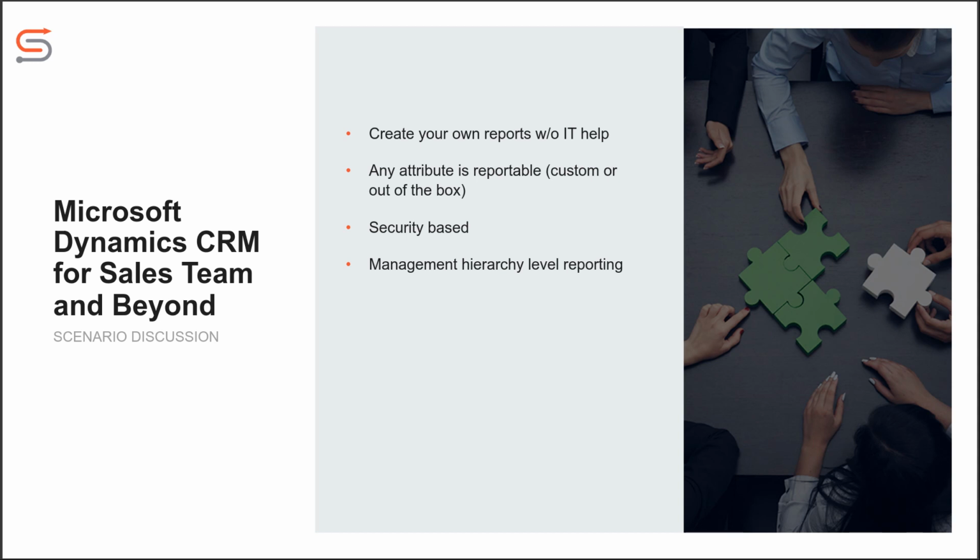And we also have management hierarchy level reporting. So if we want to do reporting based on the manager and not just on the business units themselves, and we want to say, no, we really need to do it based on whoever that person reports to, not based on whatever business unit they're in, it's just another security model available to us at our disposal.